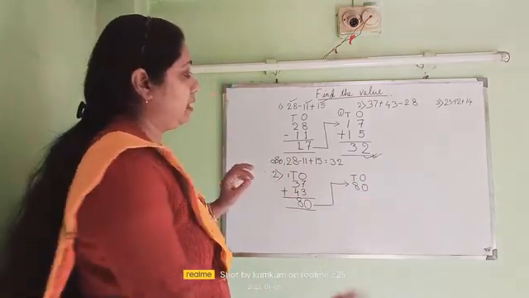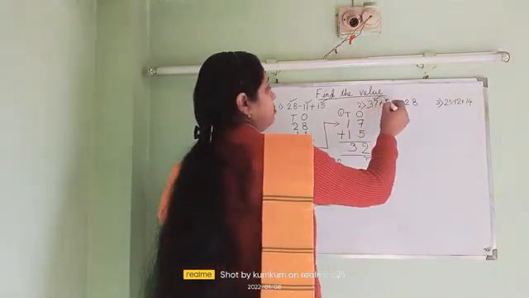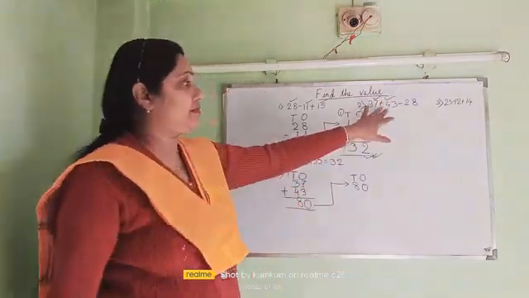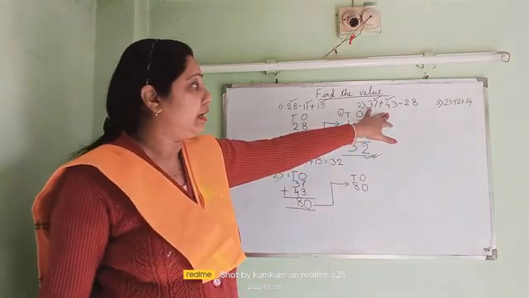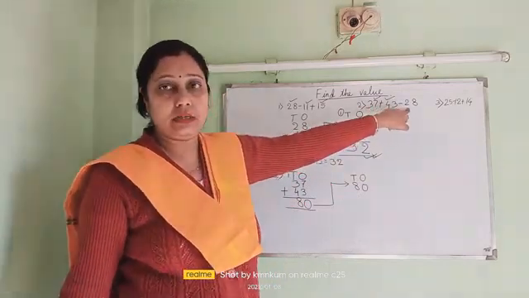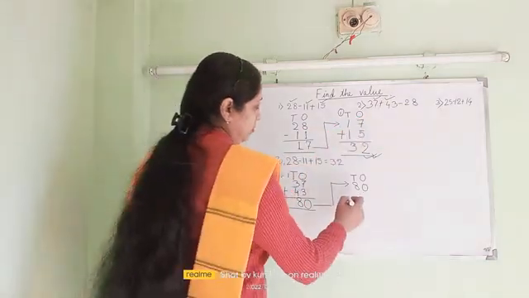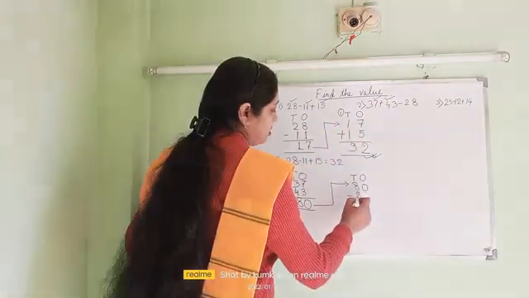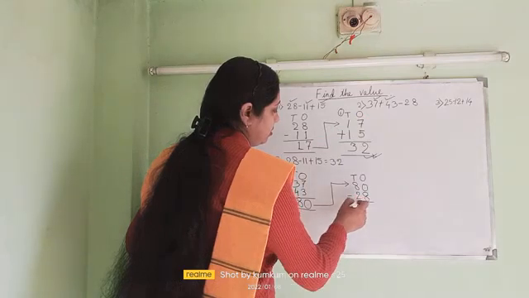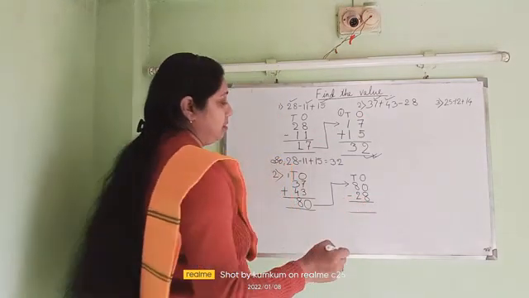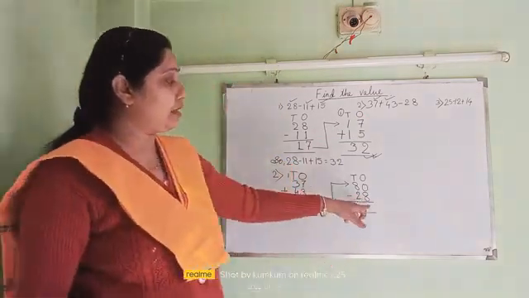Next, because we have already taken 37 and 43, only minus 28 is left over. So I will take minus 28 from here. Now 0 minus 8 is not possible.